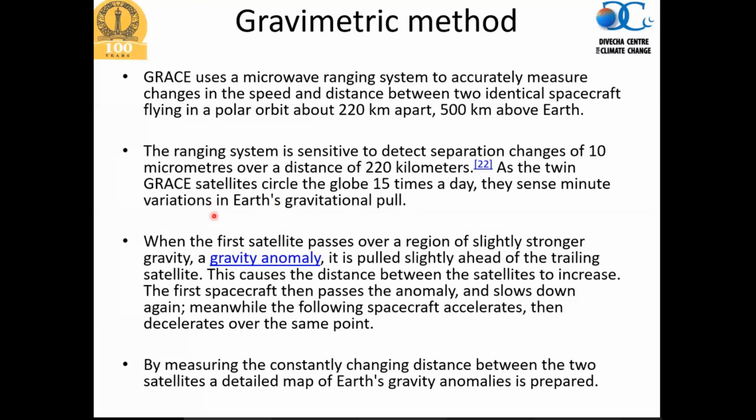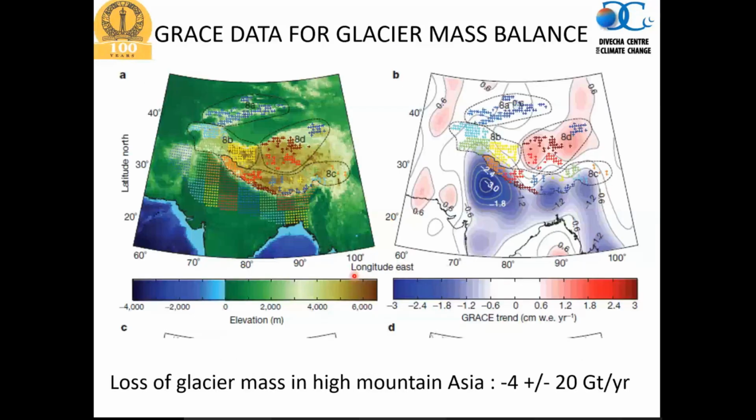As they move over the surface of the Earth, depending upon gravity, there is a minor perturbance which takes place in their separation, and these minor perturbances are used to estimate the gravity anomaly, and so it is used to estimate the change in glacial mass.